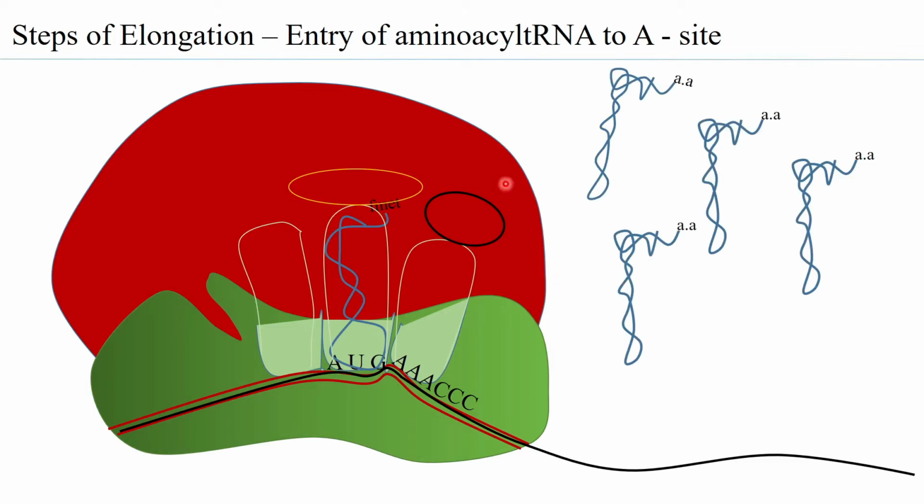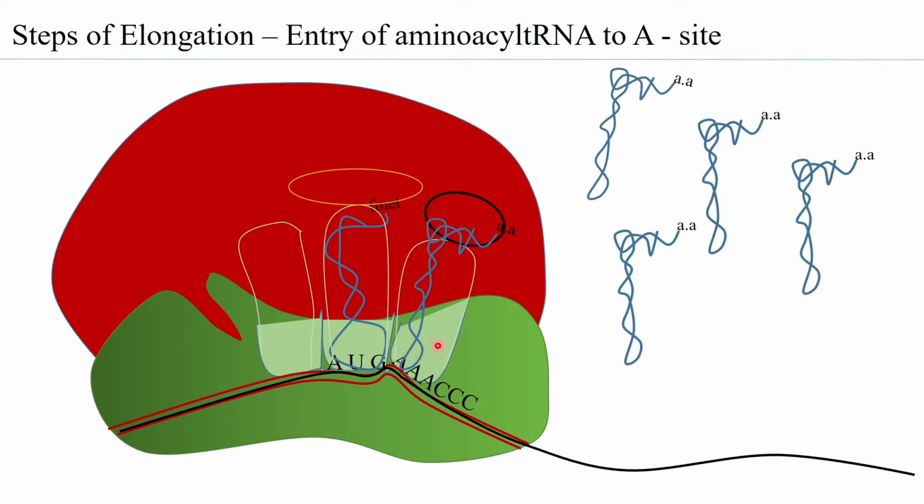Now, from the pool of aminoacyl tRNA, you can have the aminoacyl tRNA occupying the A site. Because all aminoacyl tRNA structurally are more or less similar, you could have any of them coming and occupying the A site in the ribosome. However, it is the ribosome's onus to ensure that an incorrect aminoacyl tRNA does not occupy the A site.